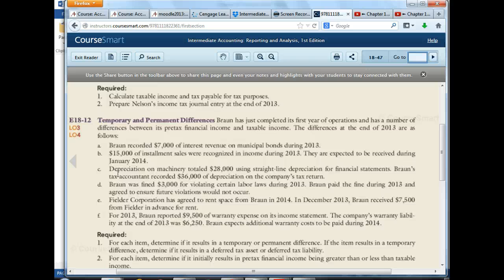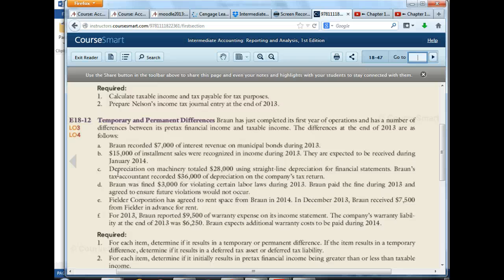Fielder Corporation has agreed to rent space from Brown in 2014. In December 2013, Brown received $7,500 from Fielder in advance for rent, and that'd be temporary. Perfect. When they get that $7,500, when do they have to claim that income for tax purposes? When they get the income.